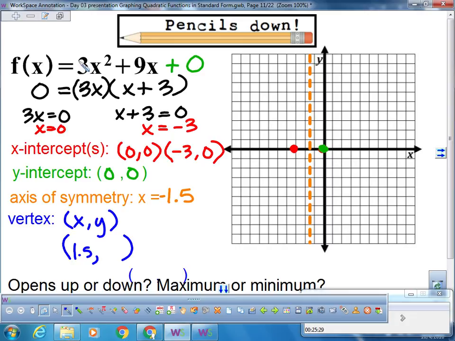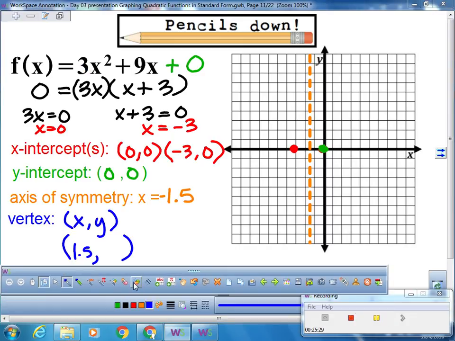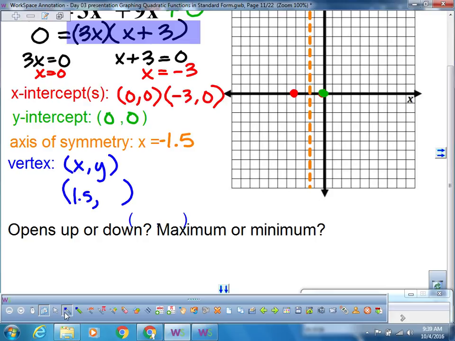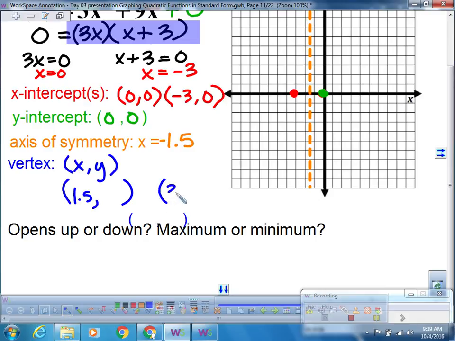3x without the square? Awesome. So I'm going to use this one right here to find my y. So 3x, which is 1.5, and I'm going to multiply that by 1.5 plus 3. 3 halves is 1.5, 4.5.